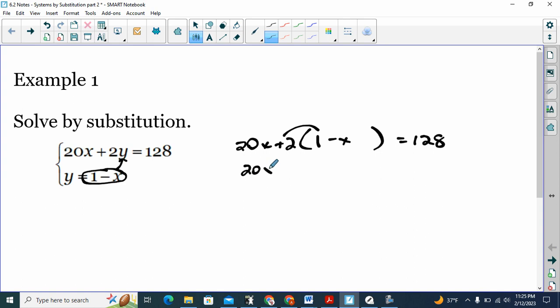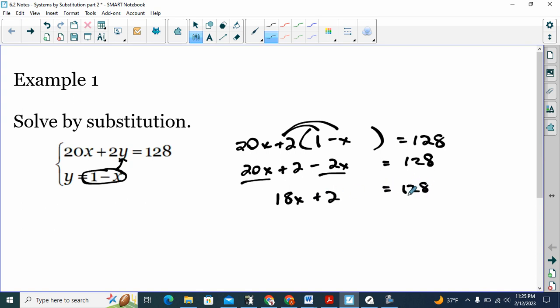So I've got 20x, I've got positive 2 times 1, positive 2 times negative x, combine your like terms, 20x minus 2x is 18x, subtract 2 from both sides, and divide both sides by 18.